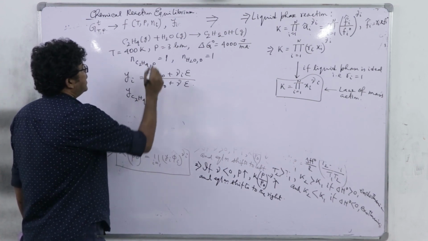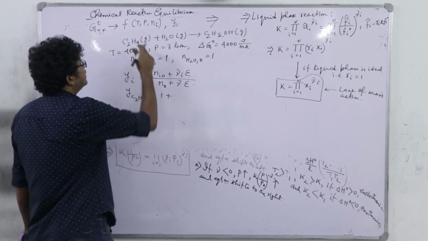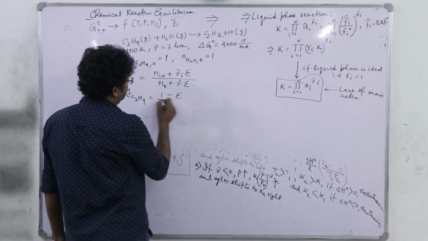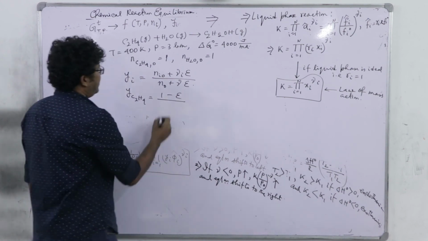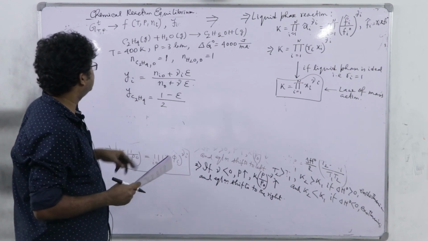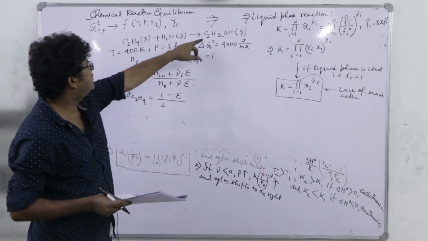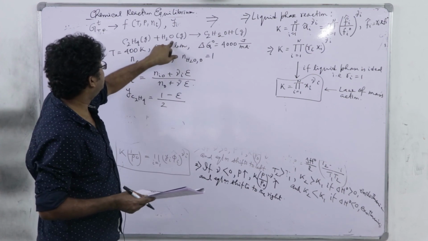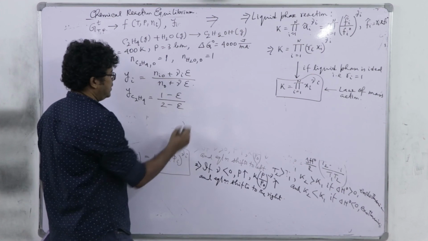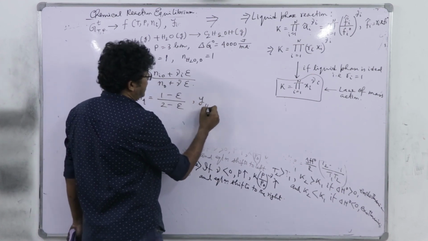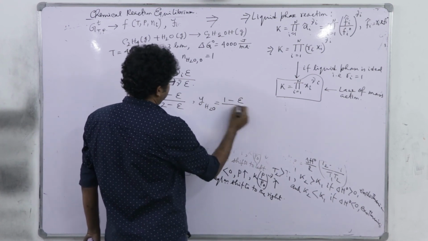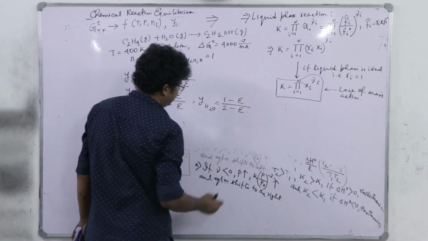So Y_C2H4: Ni0 is 1, nu I is minus 1, so 1 minus epsilon, and N0 is 2 and nu is 1 minus 1 minus 1, so it is minus 1, so 2 minus epsilon. Y_H2O is 1 minus epsilon divided by 2 minus epsilon, fine.